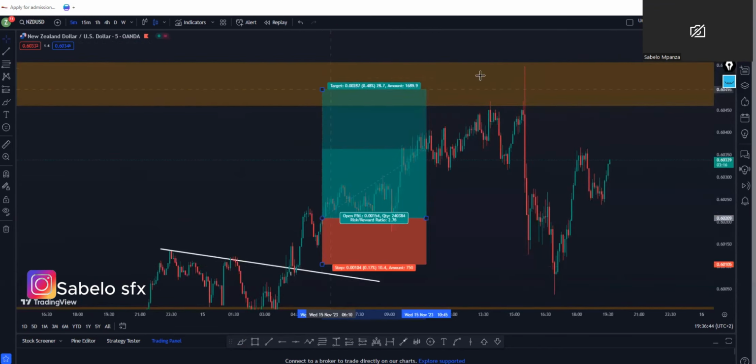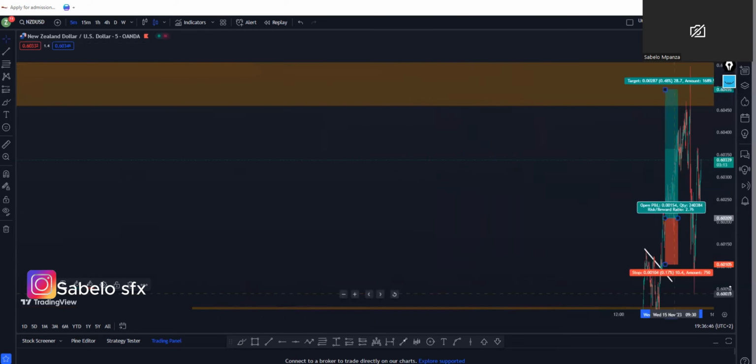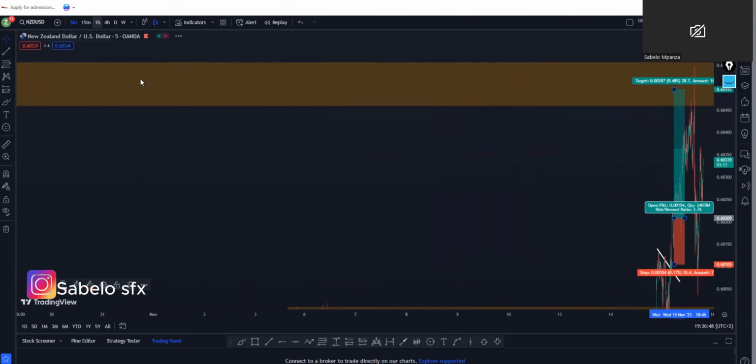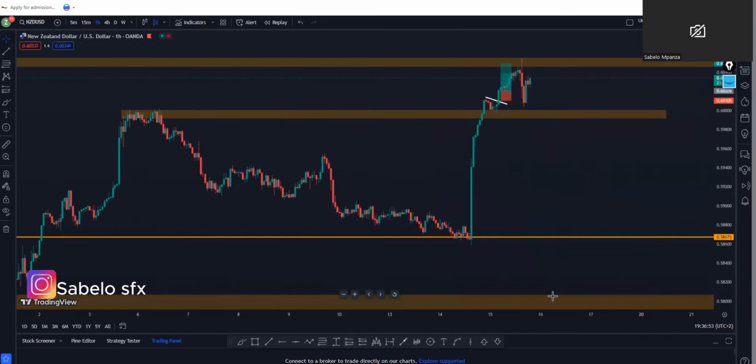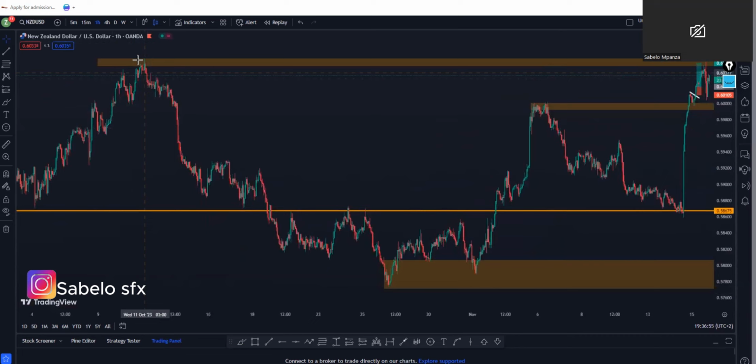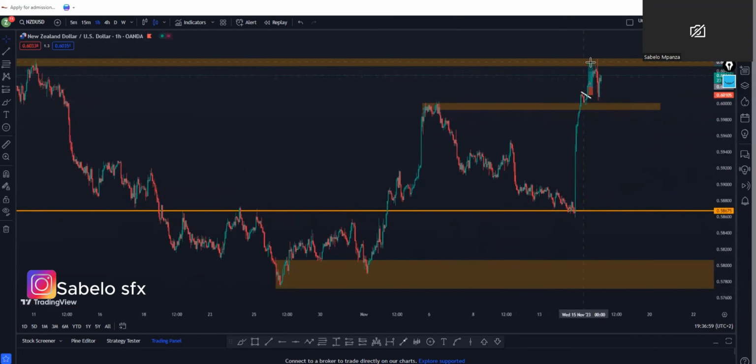Then my TP was here at this big zone that is visible on the high time frame. That's where my take profit was, because I knew that once it reaches here, there's a high possibility of rejecting.